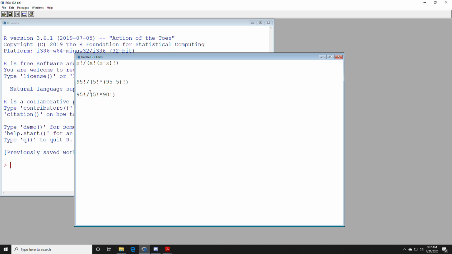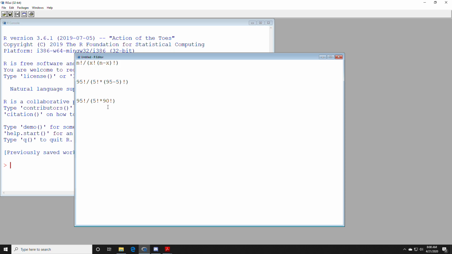So it's 95 factorial divided by this, and this is 95 times 94 times 93, etc. For each one, you just multiply them. But if you don't know how to put this in a calculator, I certainly don't. There should be a built-in function in R too, but honestly, I'd have to look it up. It shouldn't be too hard to look up, though.